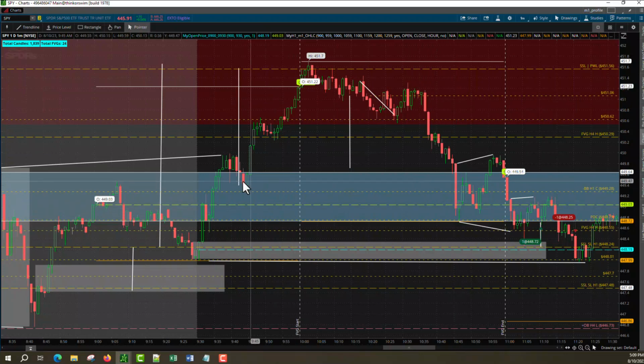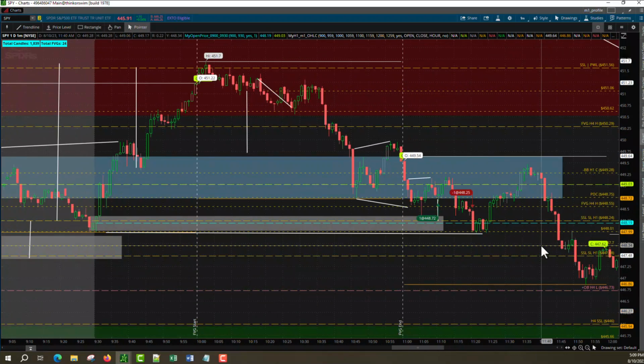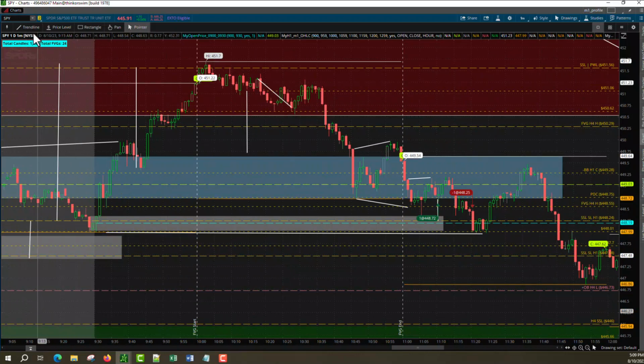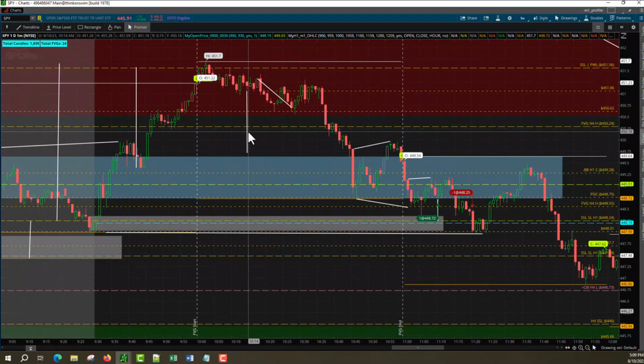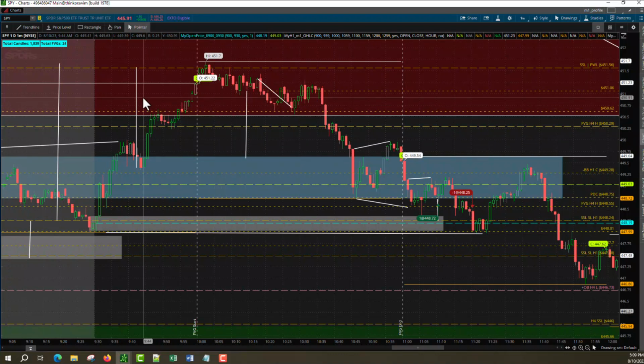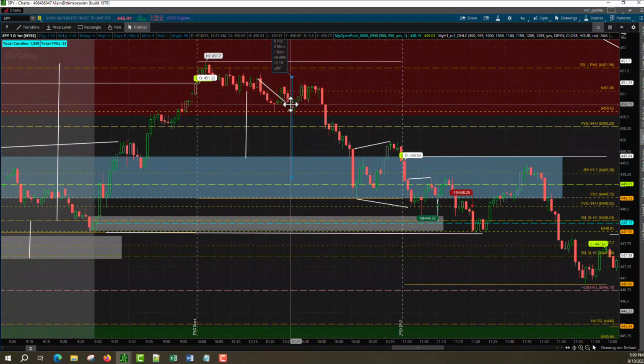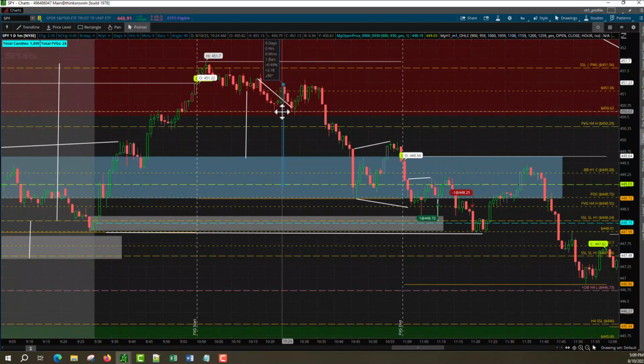It hit this one, and it went all the way down here. Oh man, look at the giant move right there. It's our first target right here, right? We hit the first target right here, but it's going more. Look at how much we make.